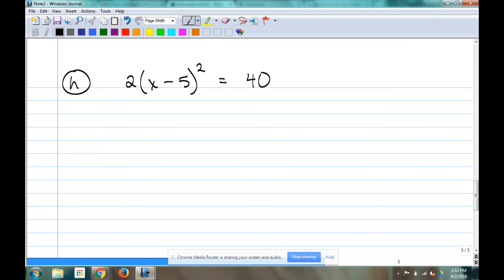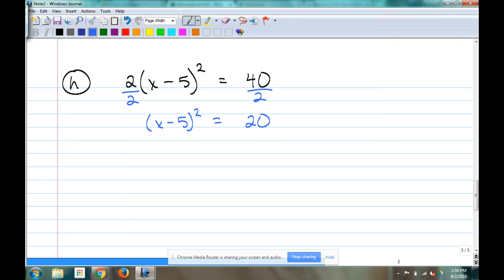But we don't want to multiply that out because that would kill our square root rule. So how can I get rid of that 2 that's in front if I can't distribute it? I can divide by it. Because it's multiplying 2 times that stuff parentheses squared. So the opposite of that would be that division. And that's going to give us x minus 5 squared is equal to 20.